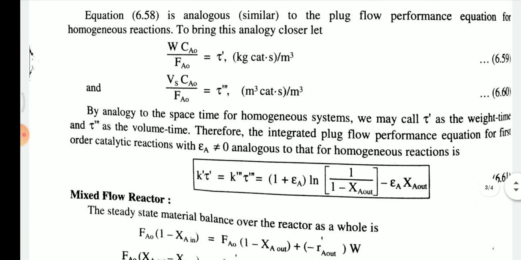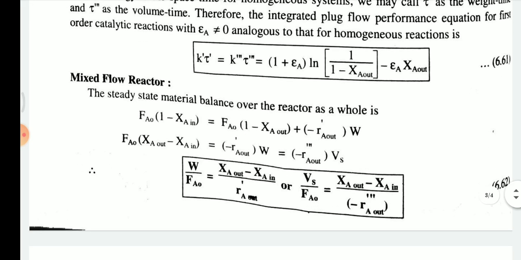But if we are considering a mixed flow reactor, how would it change? The mixed flow reactor consists of a steady state material balance over the reactor as a whole, similar to the plug flow: FA0 1 minus XA in is equal to outlet plus accumulation, that is FA0 1 minus XA out plus RA dash out into W.